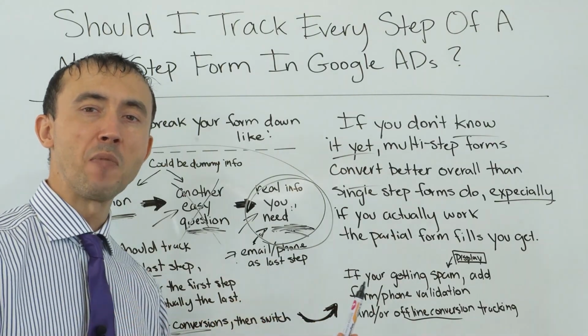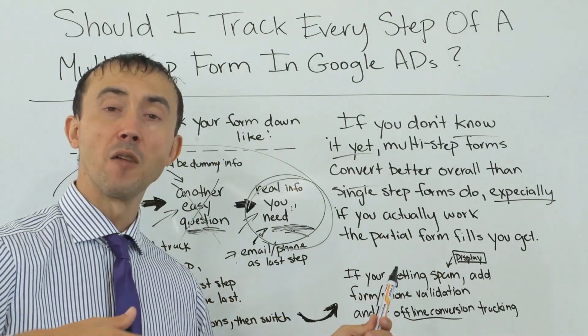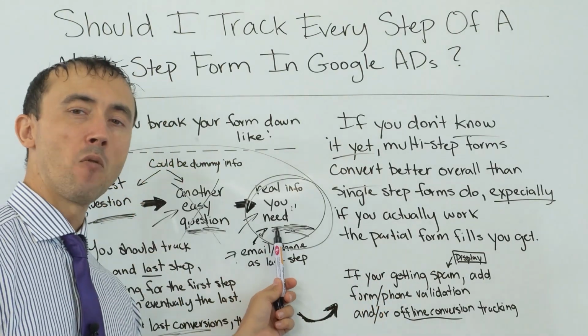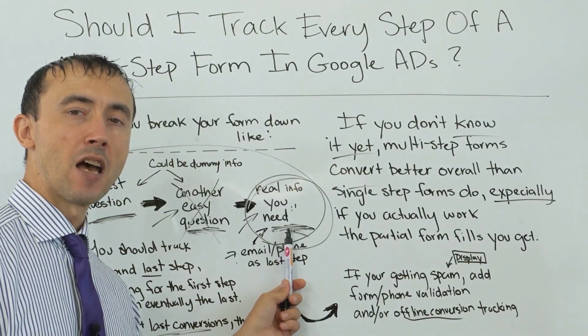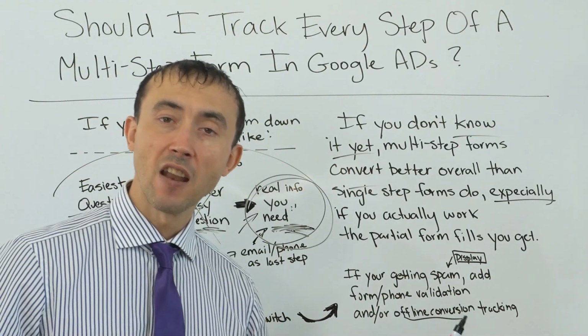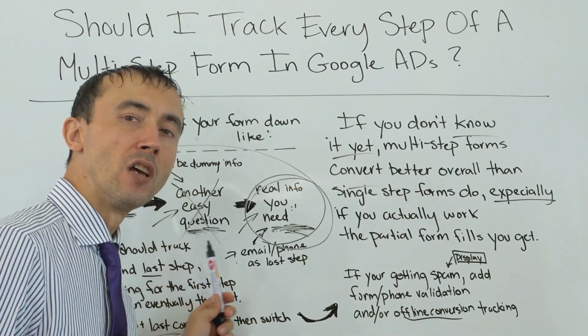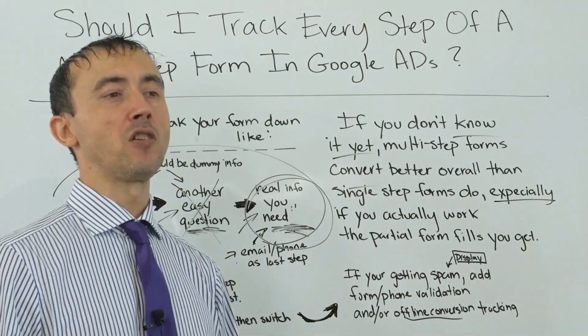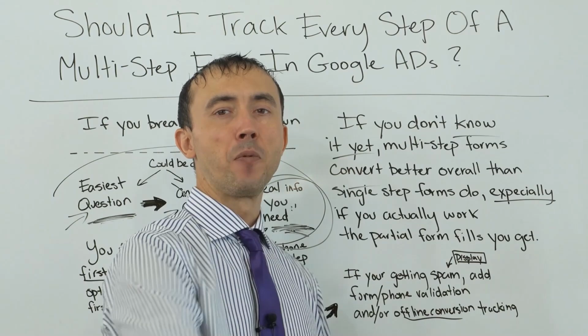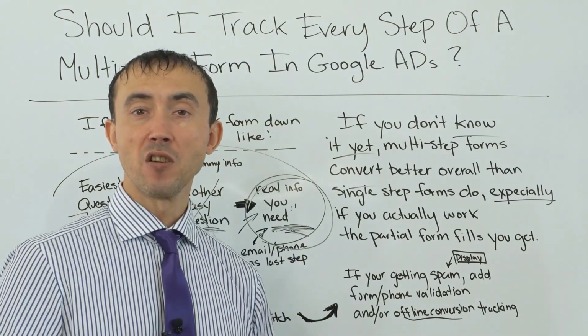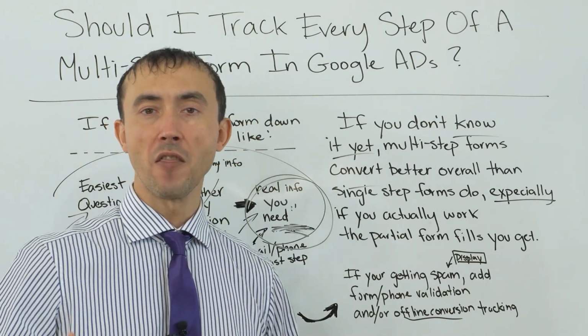But with certain campaigns that have racked up more data at a particular time, you could switch that one to optimize for the last step. Some other campaigns that haven't gotten very many conversions yet, you keep optimizing for the first step on those. And that will get you the most efficient rise to the top with your account, given that certain campaigns are going to build data up quicker than others.